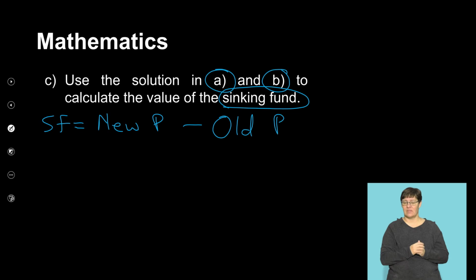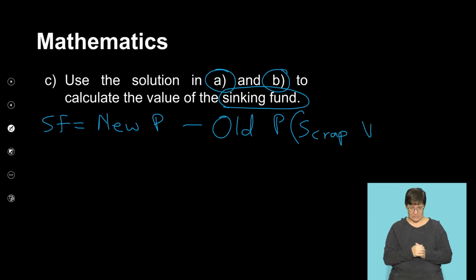But in financial maths, we don't really call it the old price. Let's just use the correct terms. We can say this is the scrap value, right? Minus the scrap value or minus the book value. That's just what you need to do.